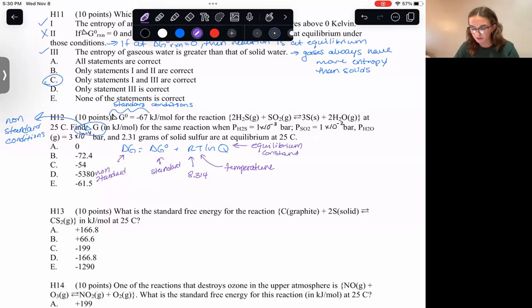Okay, so in order to solve our question here, what do we need to solve first? We need to know what Q is. How do we solve for Q? Are we given all of the values for Q that we need?